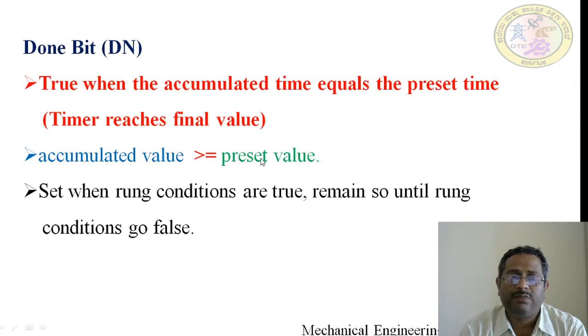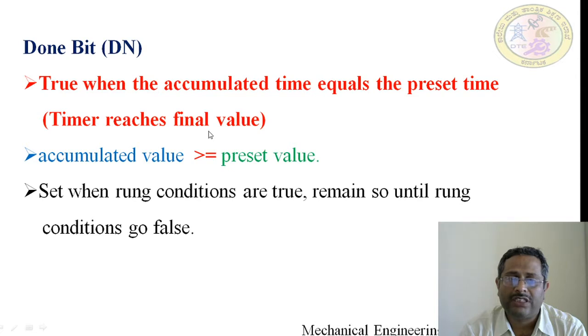The next bit is the done bit, or DN bit. It will be true when the accumulated time equals the preset time. Until then it is false. When the accumulated value is 0 and the preset value is 10, the done bit is false. The done bit will be true when the accumulated value reaches the final value, that is the preset value.